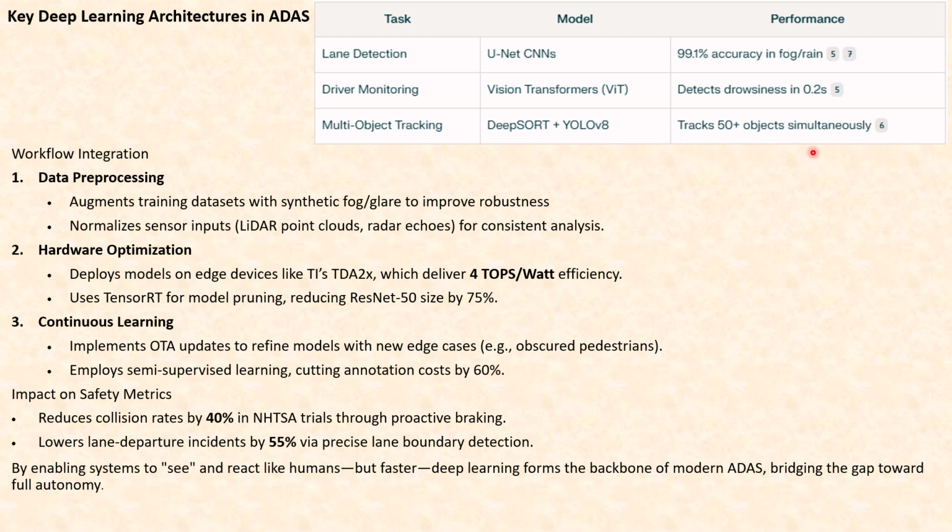So with the help of tracking 50-plus objects, this can interpret the traffic scenario to a very high level of accuracy. Understand this very carefully. This multi-object tracking with DeepSORT plus YOLO is drastically making inroads into the automotive market, because it can perceive or interpret the traffic scenario with a high level of accuracy.